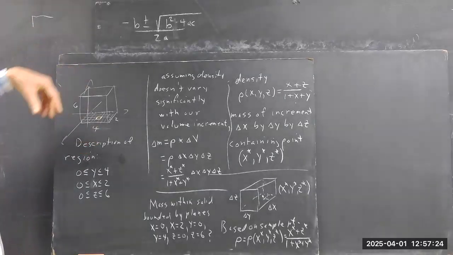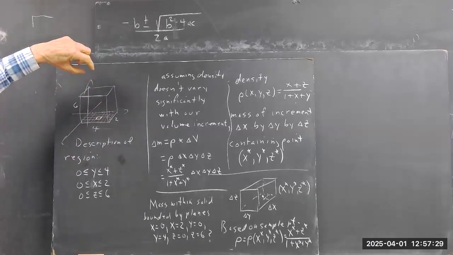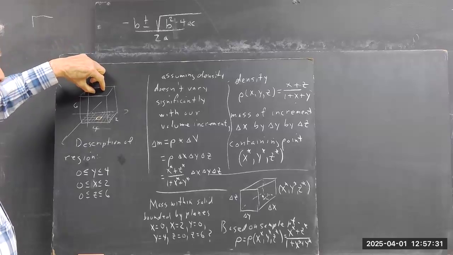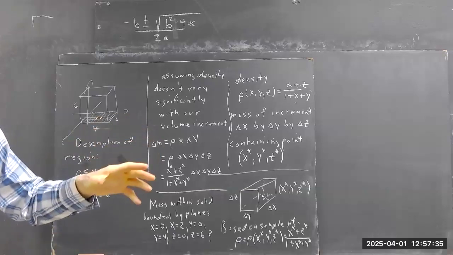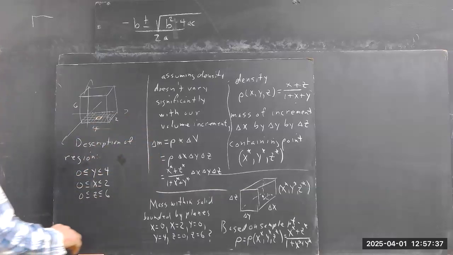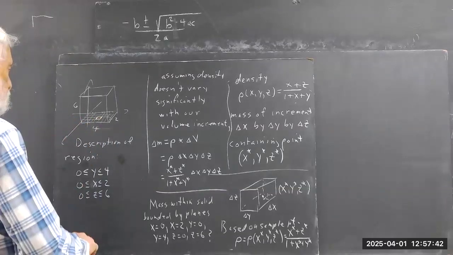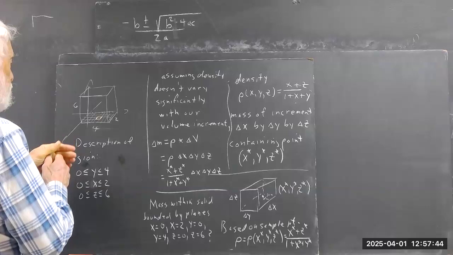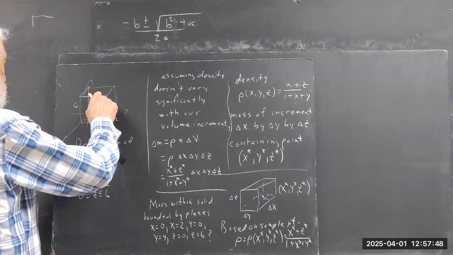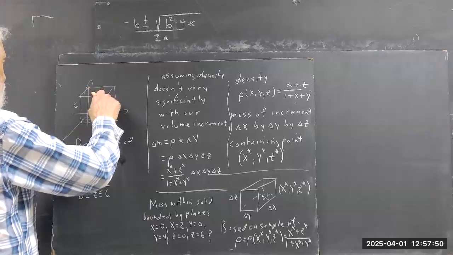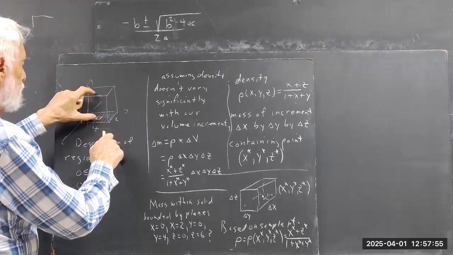Now, I'm not going to attempt to sketch the entire rectangular solid divided into little cubes because that would get to be a real mess. But I can take the part that corresponds to this rectangle, and it'll go up to this high.